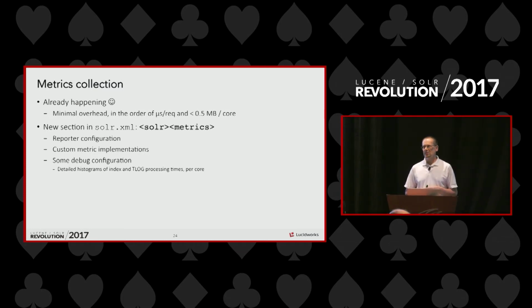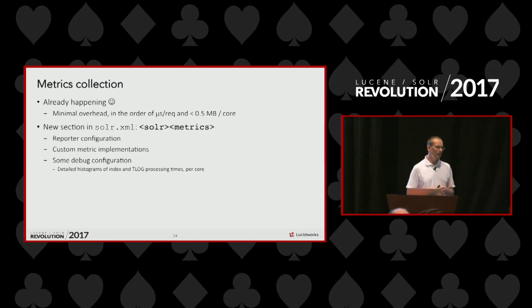Currently, Solr maintains roughly around 170 metrics per Solr core. Altogether, including core container, Jetty, and JVM metrics, it amounts to roughly 250 individual metrics.